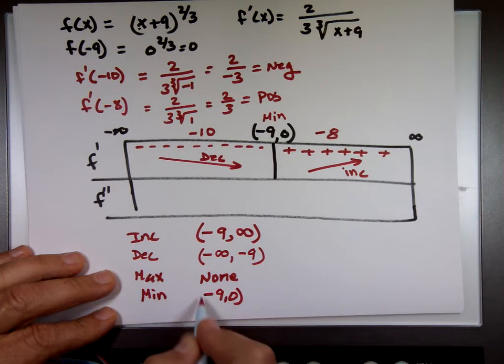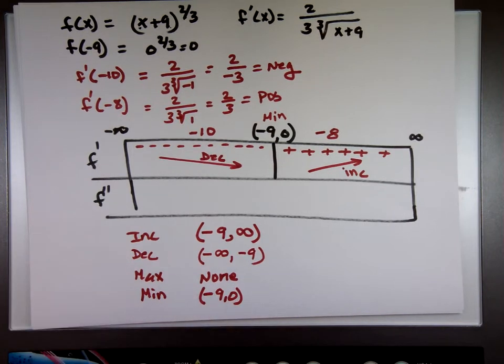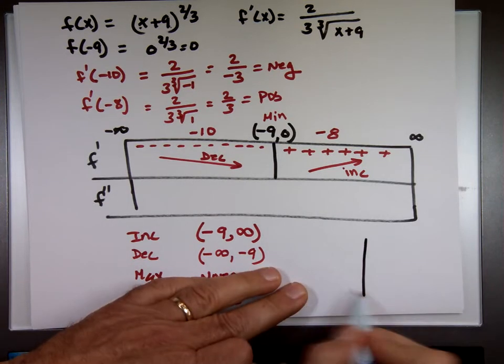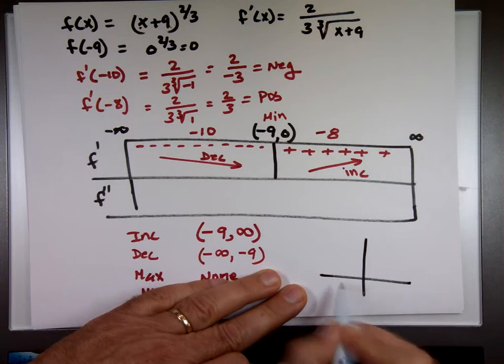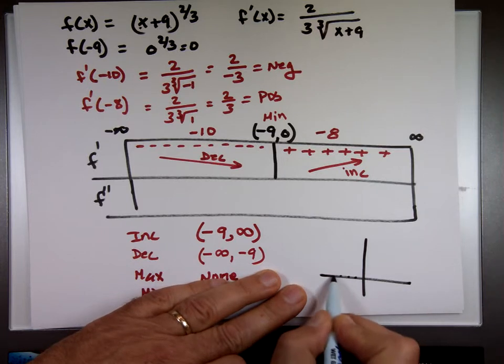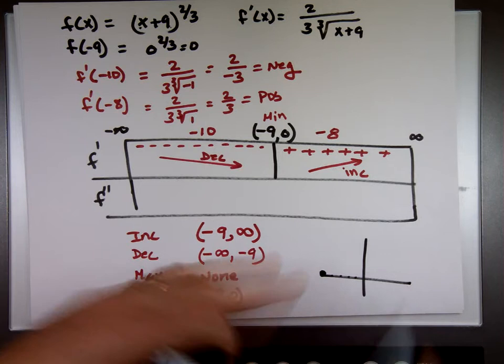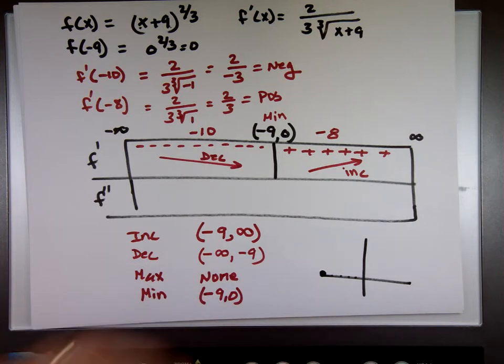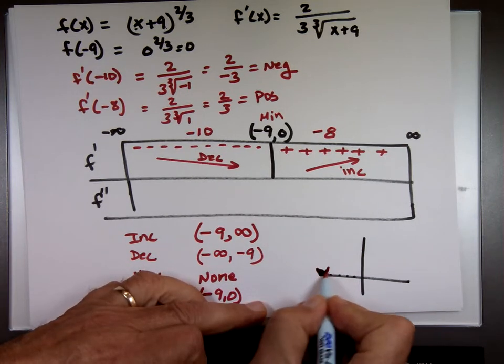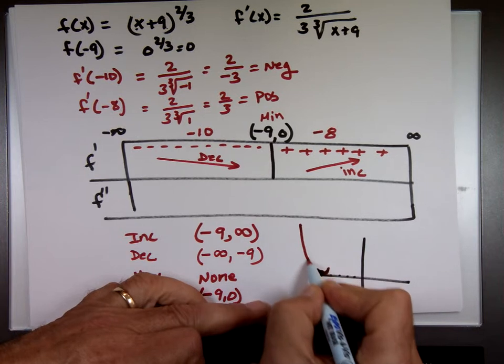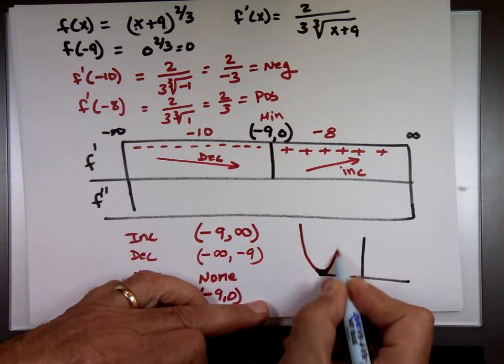They want both the x and the y value. The reason we have no maximum value is, if you graph this, -9 and 0 is somewhere here. So the function before that, it's a min, so it looks like this. The function was decreasing, then increasing.